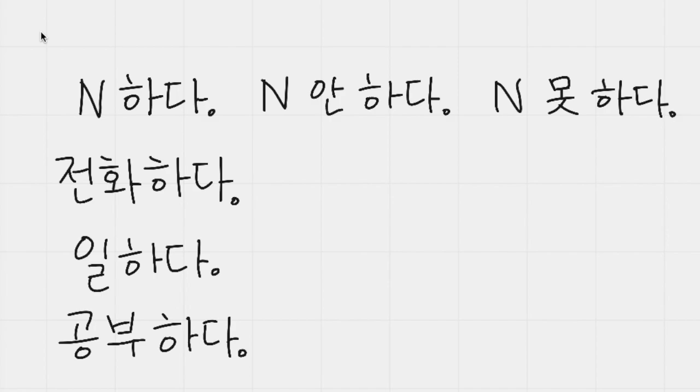So all these 하다 verbs, when you want to say cannot or do not, you would have to split the noun and 하다. And then you place 안 or 못 between those two. So like 전화하다, if you want to say I don't call, do not call, then you would say 전화 안 하다.